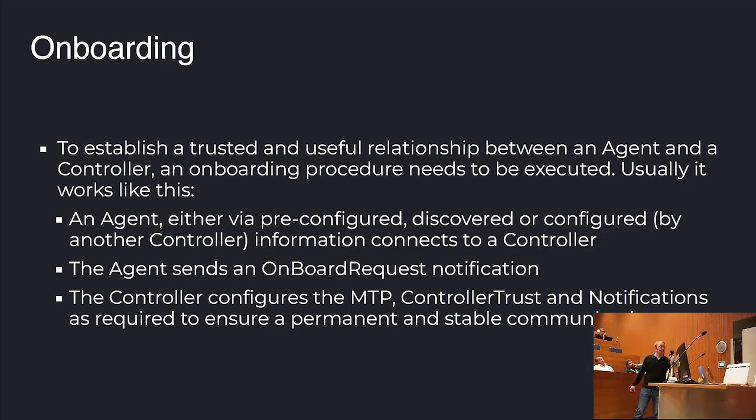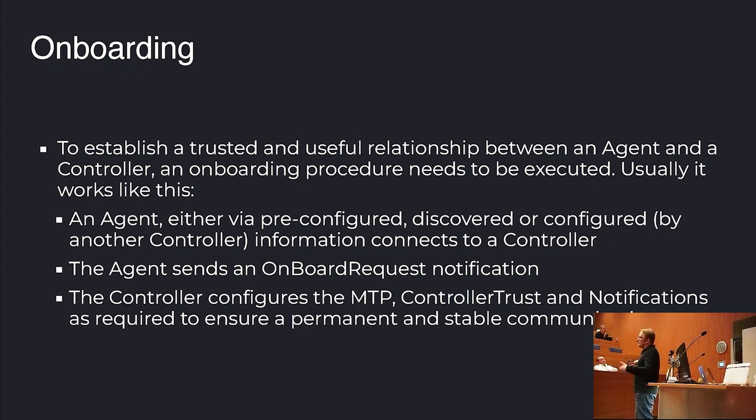Onboarding. In order to communicate with the device, you somehow need to establish a relationship between the device and the controller. In Tier 69, that process is called bootstrapping. In USP, that process is called onboarding. So basically what we do is we figure out a way to communicate between a controller and an agent, and then the agent figures out, oh, I'm not configured yet. I'm a new device. I have a factory configuration.